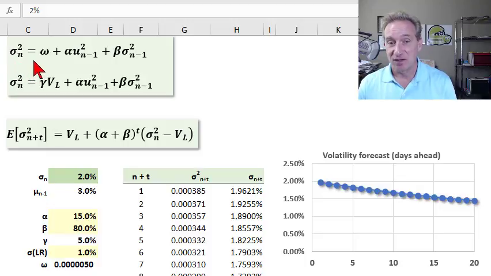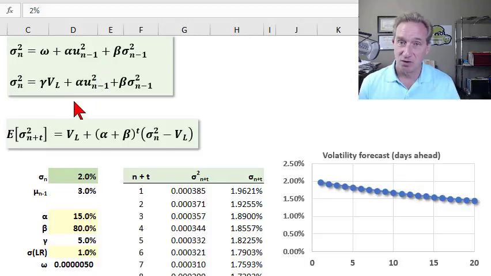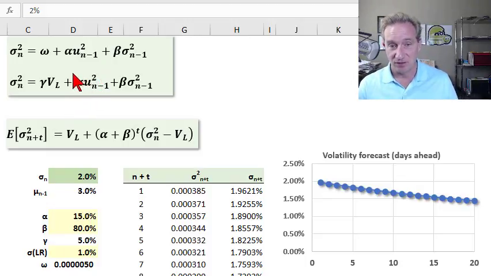The variance estimate under the GARCH 1-1 is giving us a sum of three components. Omega plus alpha is the weight assigned to yesterday's squared return. In previous videos, I reviewed how U here is the daily return. It is squared, and N-1 denotes, of course, yesterday.